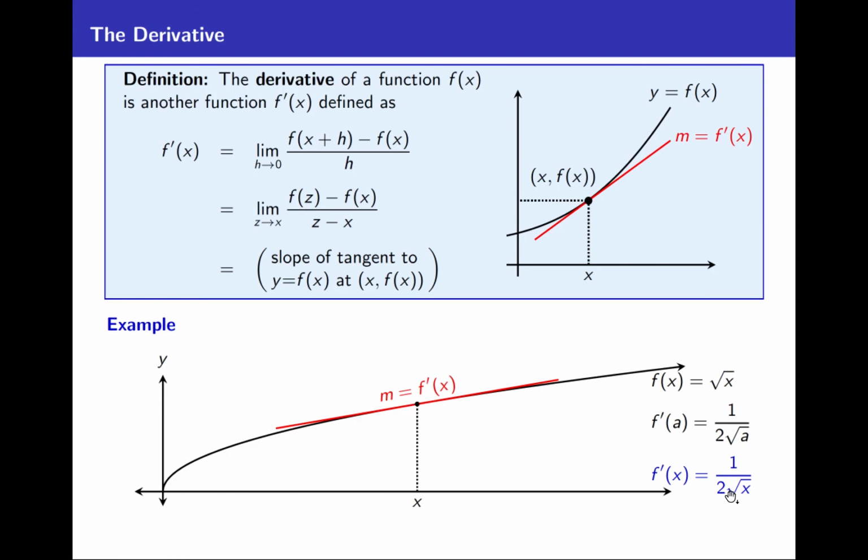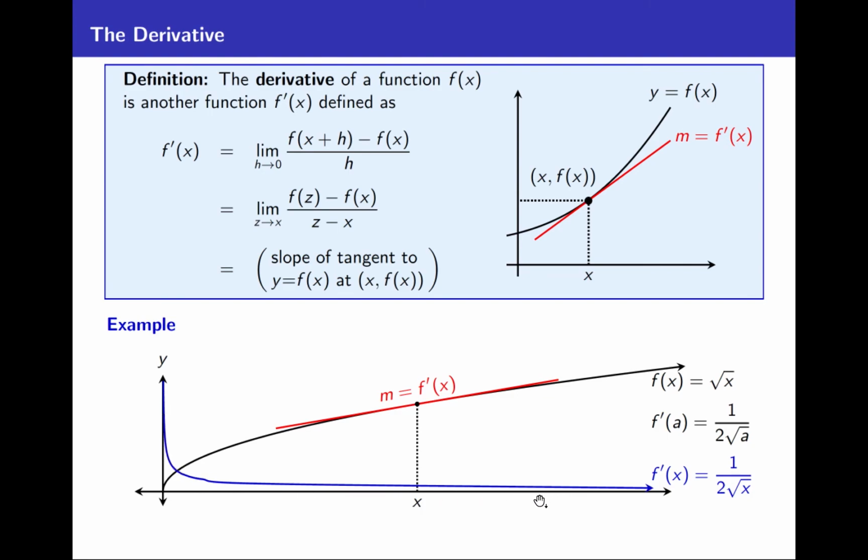Now f prime of x is a function of x, so we could graph it, and I'll show you what the graph looks like. In blue, here's the graph of f prime of x. Think about that for a moment. If you look at the form for f prime of x, if x is a really small number, 1 over 2 square root of x is the reciprocal of a small number, so it's really big. And you can see that happening here for really small values of x. f prime is big.